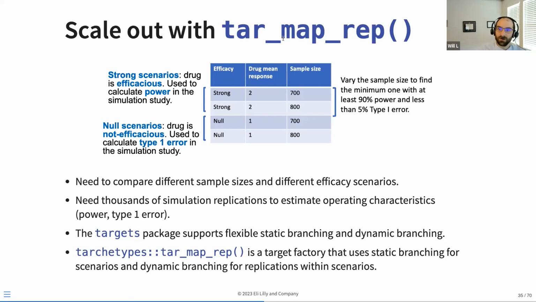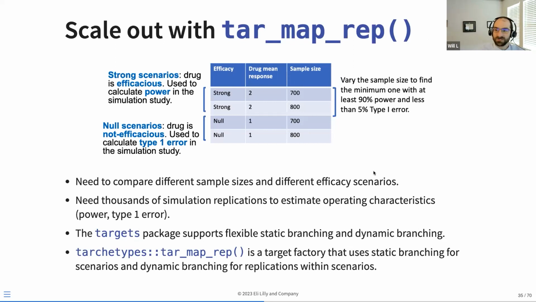And it's called tar map rep. We've been using this target factory for a long time to do this very repeatable and very common kind of simulation structure, where you have a data frame with one row per scenario and one column per parameter.